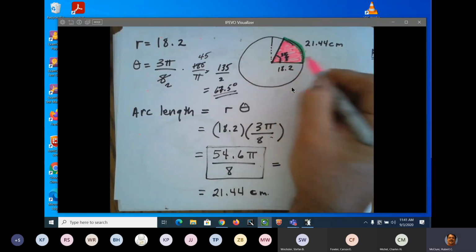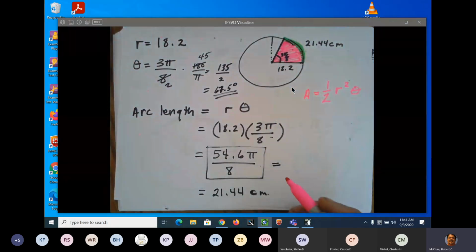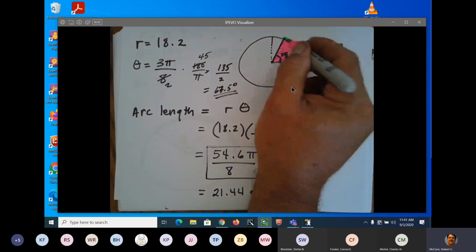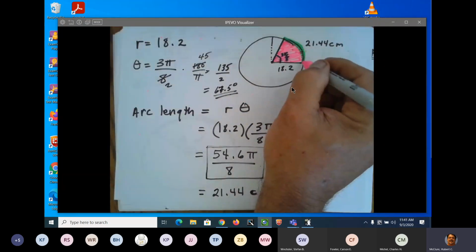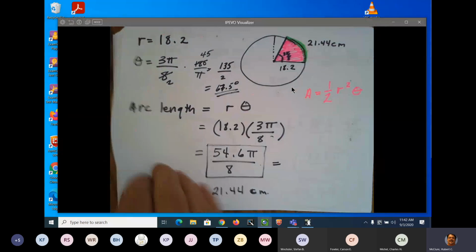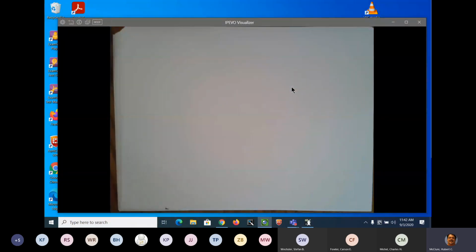Now, a lot of you think, well, why do we want to find the area of a circle? Well, that's not where you use this. In programming, you can find this is a horizontal curve on a road. Let me show you where this can be applicable, especially if you're a civil engineer, construction management, something like that.